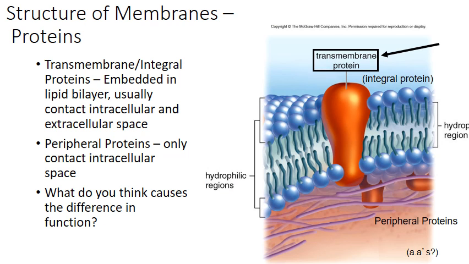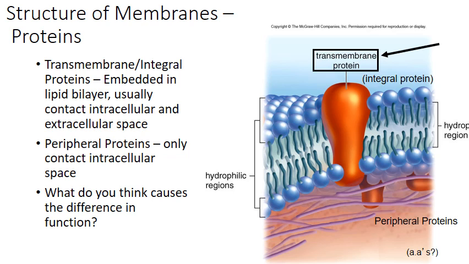Okay, so we talked about proteins that are in the phospholipid bilayer. They can be in different regions of the bilayer. They can be transmembrane proteins, which go all the way through, so some of the protein is on the outside of the bilayer and some on the inside.